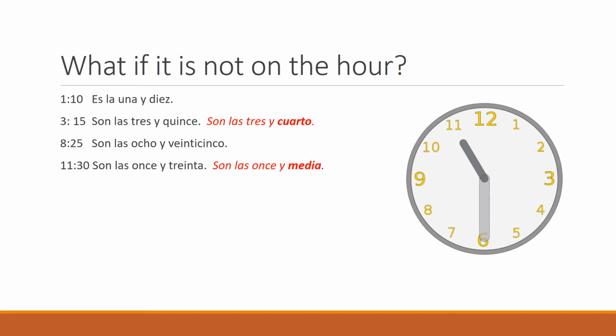So whenever it is 15 past the hour, you might hear someone refer to that as something like son las tres y cuarto. Or if it's a half an hour past, you would say son las once y media. It's 11 and a half. So just two phrases that would be helpful for you to recognize if someone refers to time in that way.